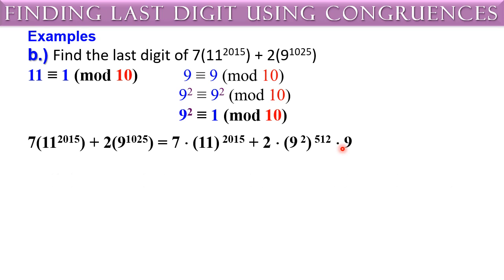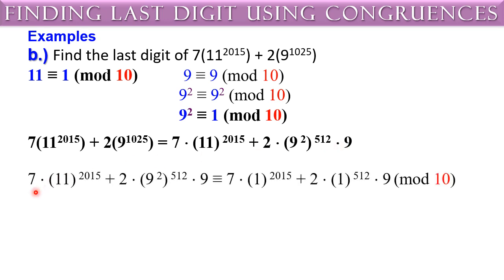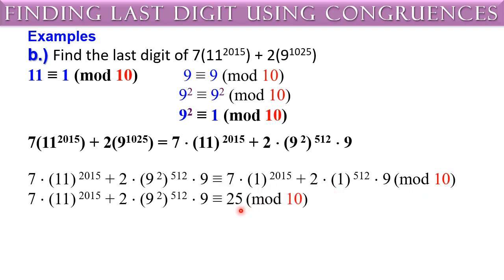Applying the properties of congruence, we will have 7 times 11 raised to 2015 plus 2 times 9 squared raised to 512 times 9 is congruent to 7 times 1 raised to 2015 plus 2 times 1 raised to 512 times 9 modulo 10. Simplifying this part of our expression, we will have 25 modulo 10.